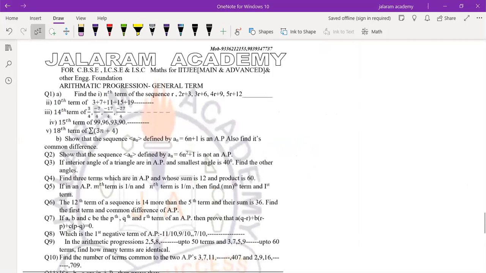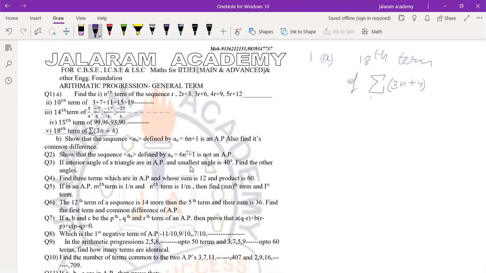So now the problems are in question number 1A, fifth. We have to find the 18th term of sigma 3n plus 4.